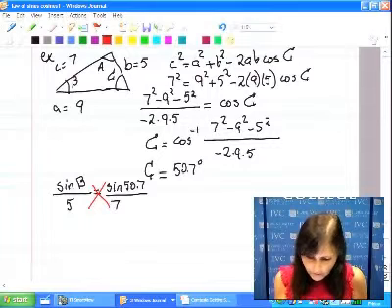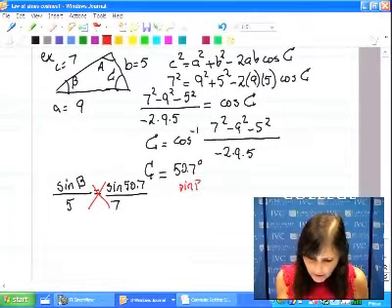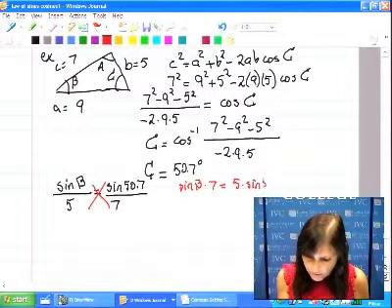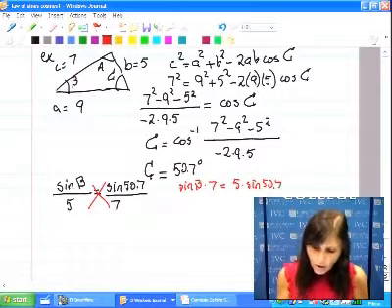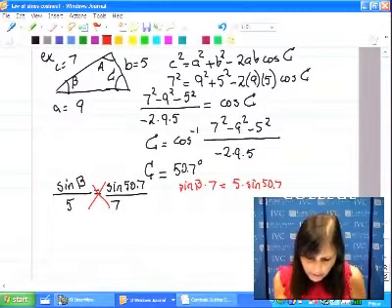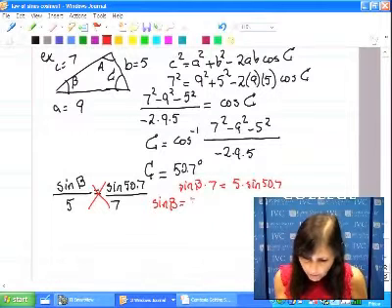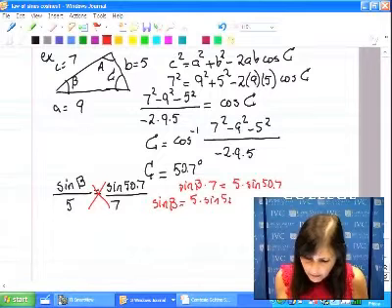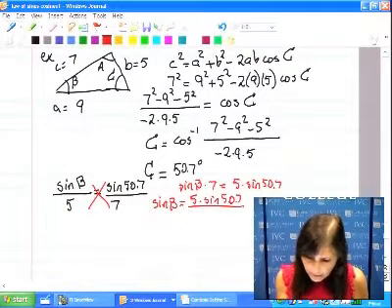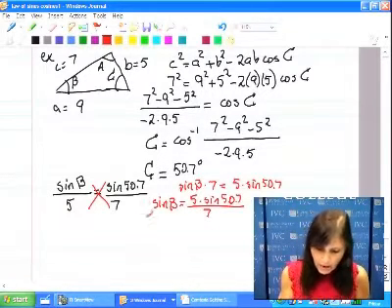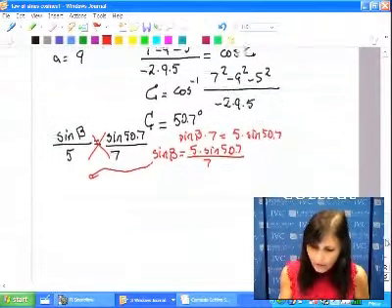So you have sine of B times 7 equals 5 times sine of 50.7. Okay, so that means sine of B is simply 5 times sine of 50.7 divided by 7. And you can go and you can pull that out.